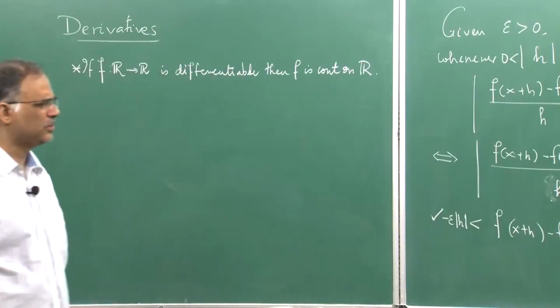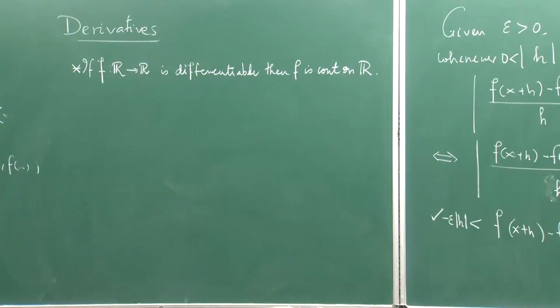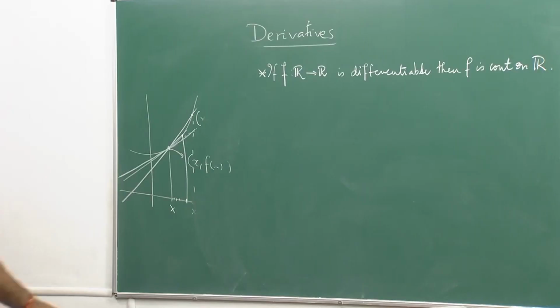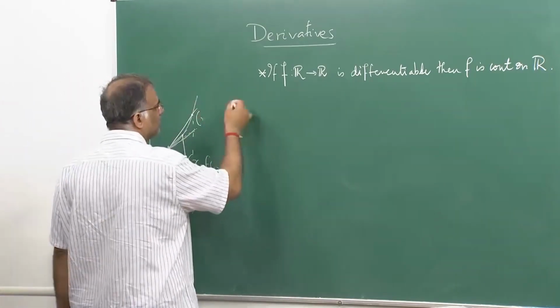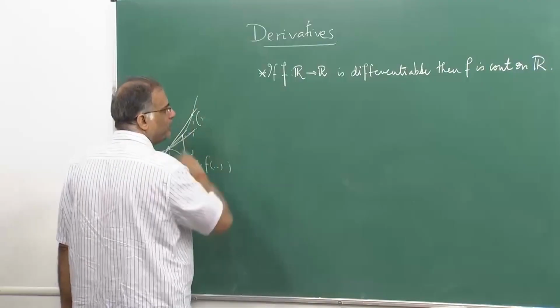This is something you can try to prove yourself, using the definition of the derivative. It is good to have some exercise done like this, so you can be doing something interesting. Okay.